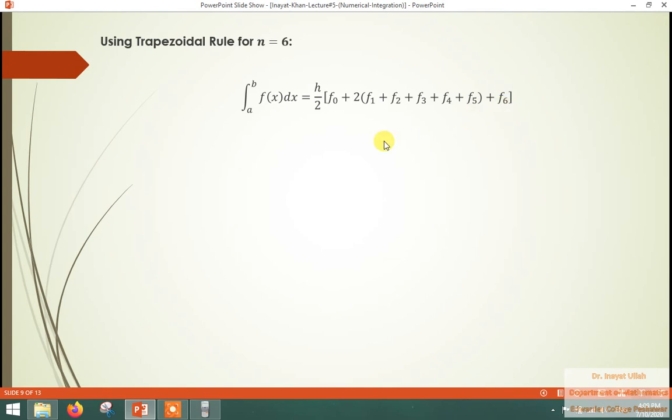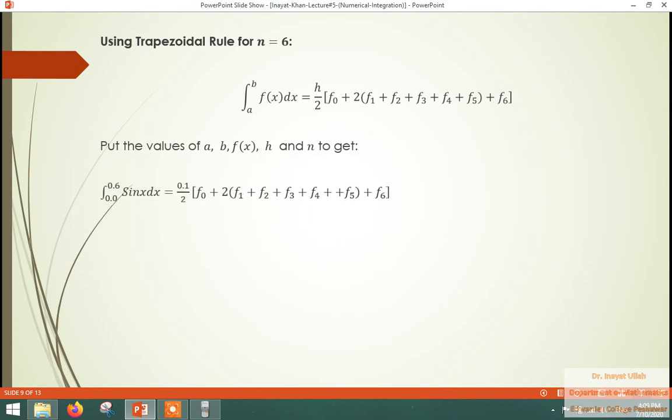Now we just need to put the values of a, b, f of x, h and n in this formula to get this integral. a is 0.0, b is 0.6, f of x is sine of x, and h is 0.1, and to all those function values.